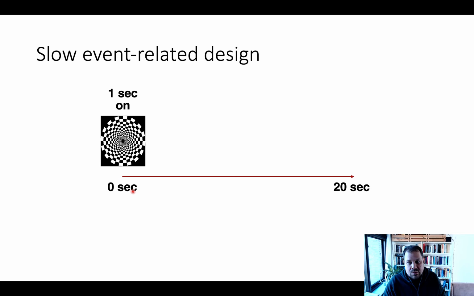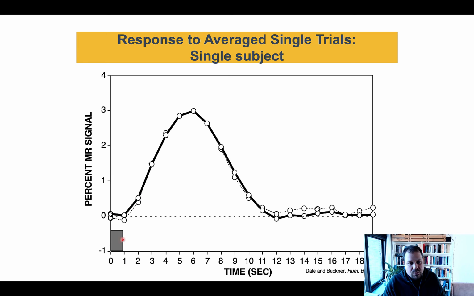And this allows us to look at the hemodynamic response to this event presented here at time point 0. Then we see there's a rise to the peak amplitude at about 5 to 6 seconds, and then a slow decline again, and at about 12, 13 seconds the BOLD response is back to baseline.